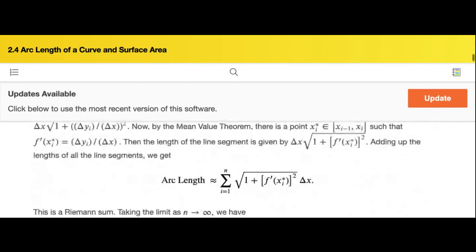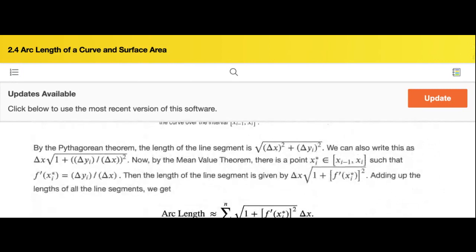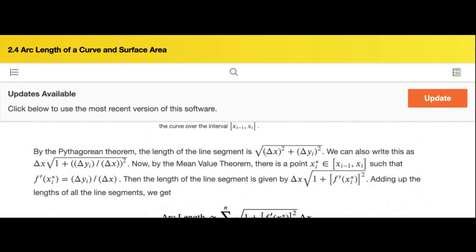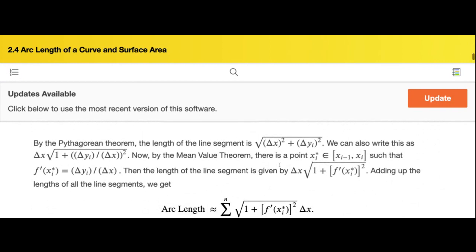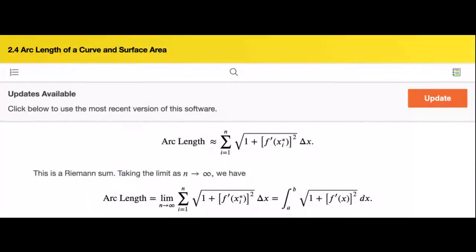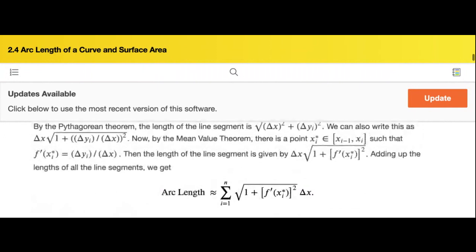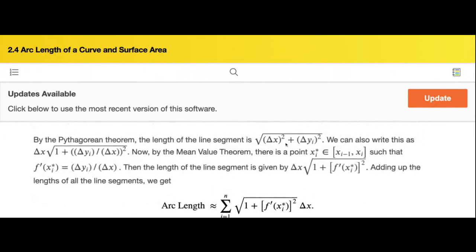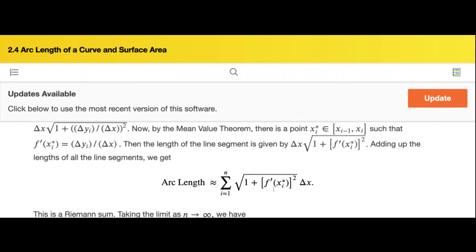Then we have this formula: the square root of delta x squared plus delta y squared, from the Pythagorean theorem. We can cut into n pieces. How does this change from delta x squared plus delta y squared to the square root of 1 plus this?